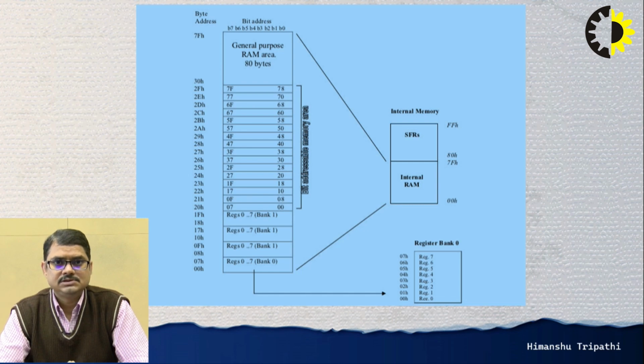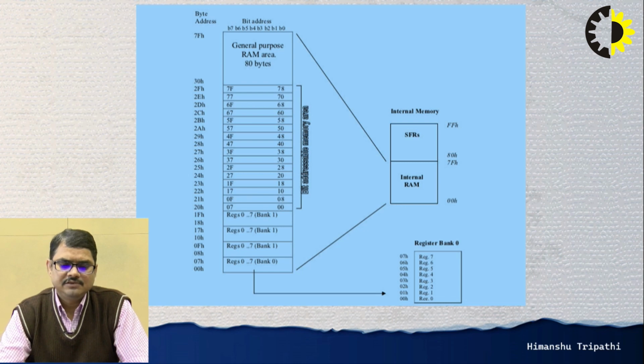Remember, a register is a unit of 8 bits. If it is an 8-bit register, that means 8 bits can be saved in one memory location. So, in the data memory of the 8051 microcontroller, we have 4 memory banks. Each bank has 8 registers.